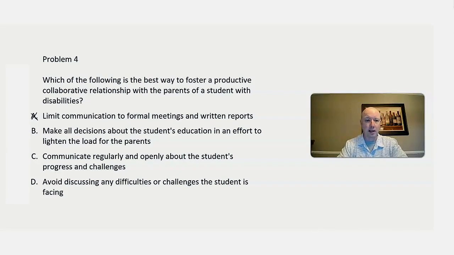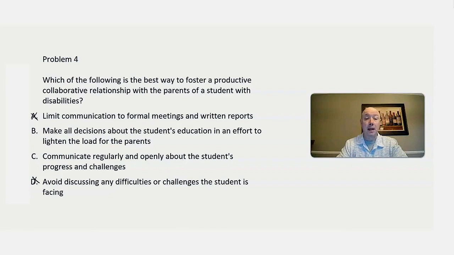So I'm going to eliminate choice A. Choice D, avoid discussing any difficulties or challenges the student is facing. So I'm going to eliminate choice D. There always are going to be tough discussions with parents, and we can't avoid them if we want to make the student better and we want to make our relationship better with the parents. So I'm going to eliminate choice D.